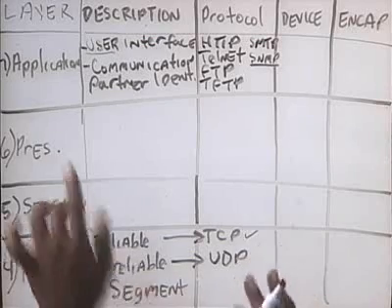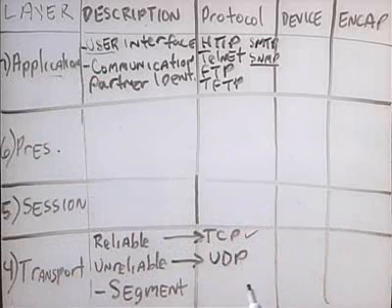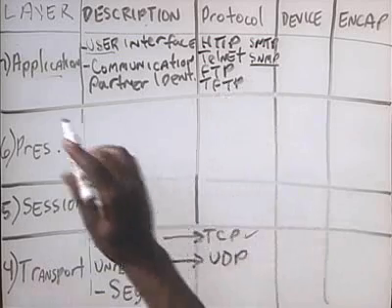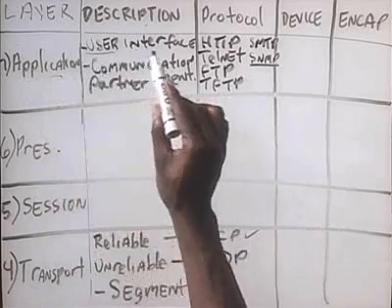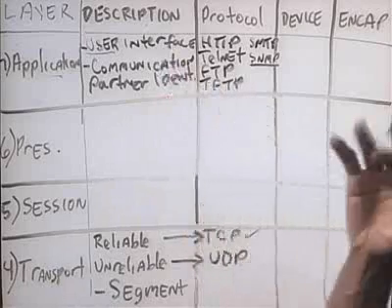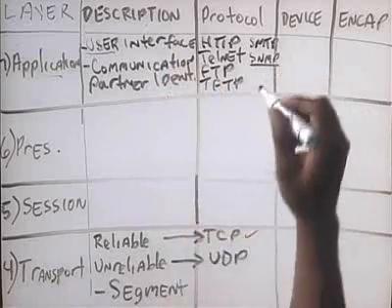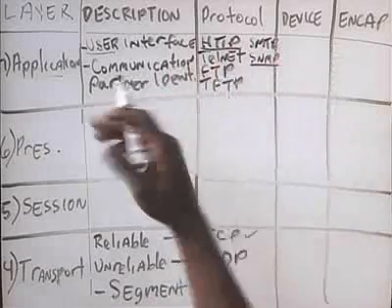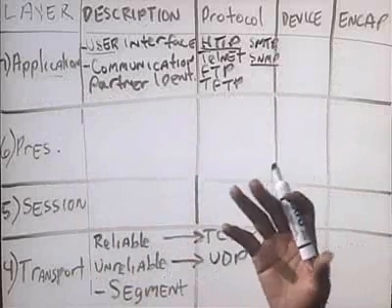Now, it's important to note that just because we're using the word application here does not mean that any application used on a computer is going to be an application layer protocol. These are particularly applications that provide the user with an interface to the network itself, such as a browser window, or an email program where I'm actually utilizing SMTP. These are not applications such as Microsoft Word or Microsoft Excel.